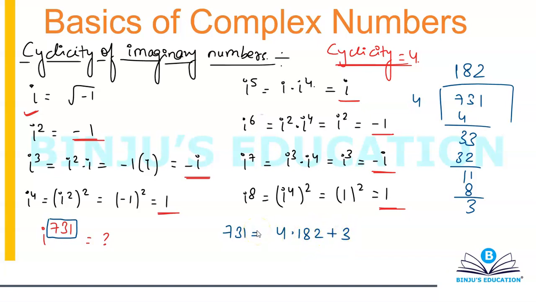4 into 182 plus 3, which means iota to the power 731 can be written as iota to the power 4 into 182 plus 3, which can be written as iota to the power 4 into 182 into iota cube.